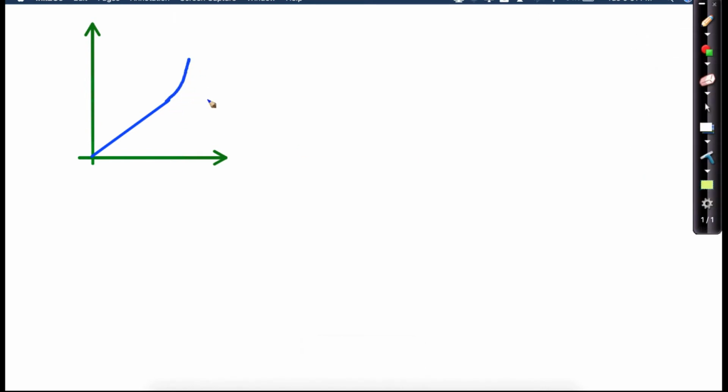And now this time, this is the force and this is the extension. Now here students, they switch the force and extension. So why I'm drawing this diagram, because you should know that after the elastic limit, we need less force to change a more length. So that's why you should bend like this.